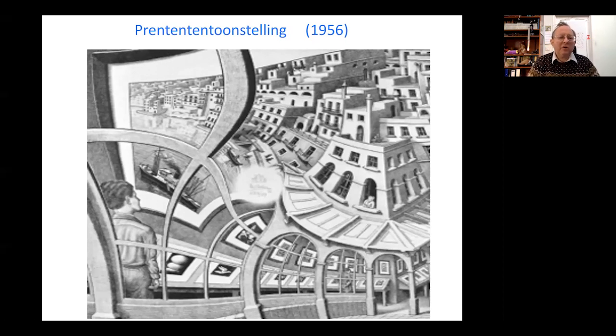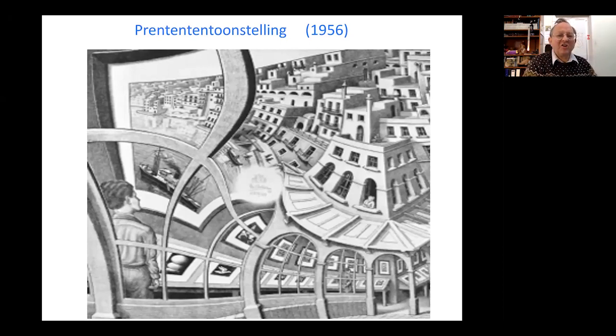What's happening here, well, you can see a person looking at a picture in a gallery, but the picture carries on extending and then evolves into the building that the gallery is held in, and then that building becomes part of a town with a sea, and then that town with the sea becomes part of the picture in the gallery that the person is looking at.